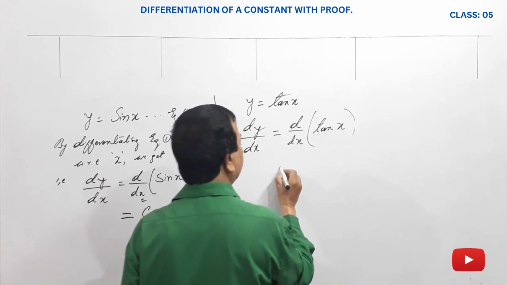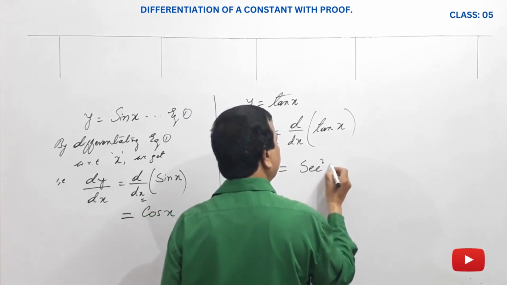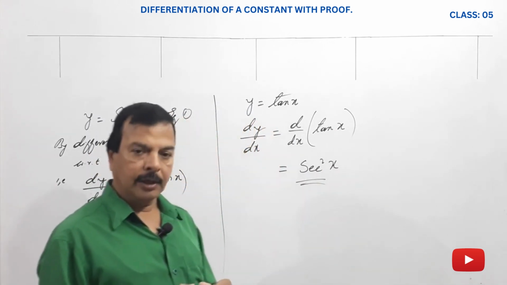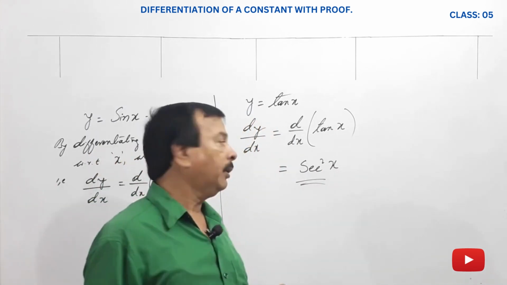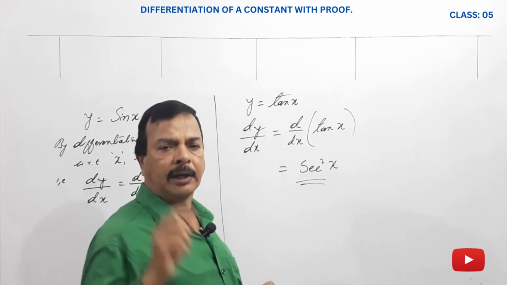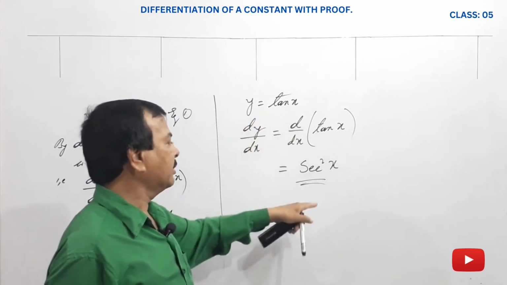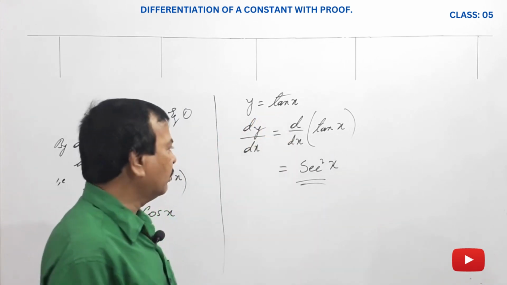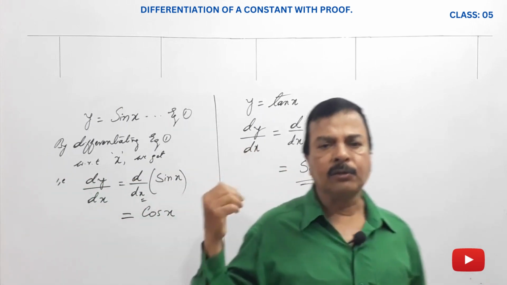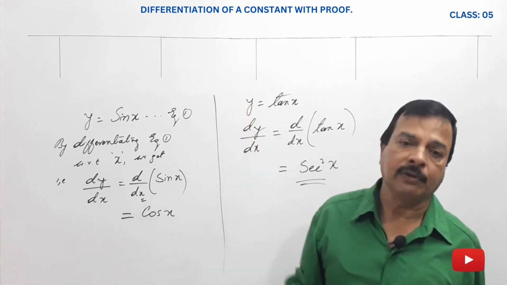So the answer is, I have told you this, secant square x. I have taught you this in the trigonometric ratios and trigonometric identities. So if you differentiate tan x with respect to x, we get secant square x. So now we have come to know what is differentiation. Let us do more problems on the different types of problems depending upon the functions we are taking.